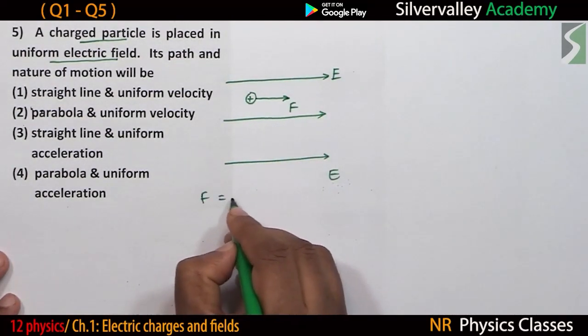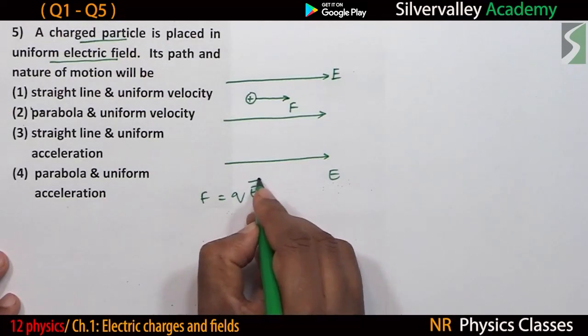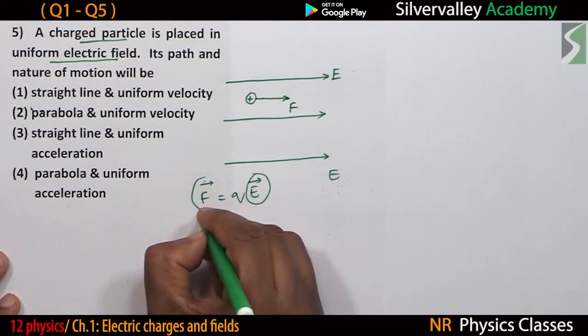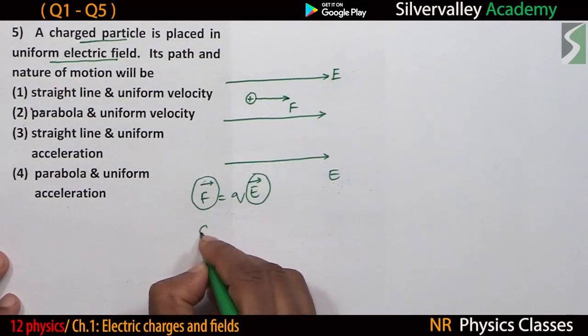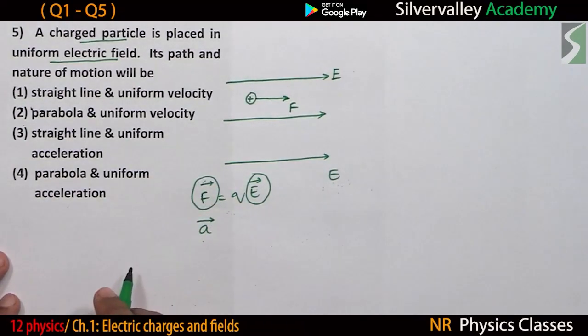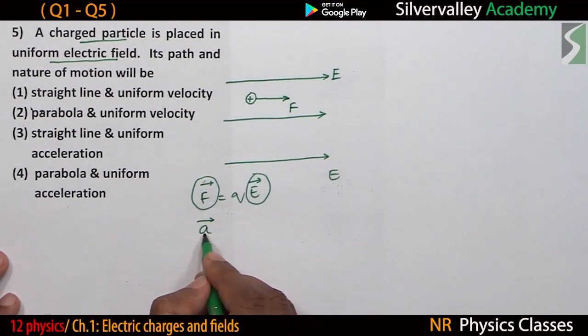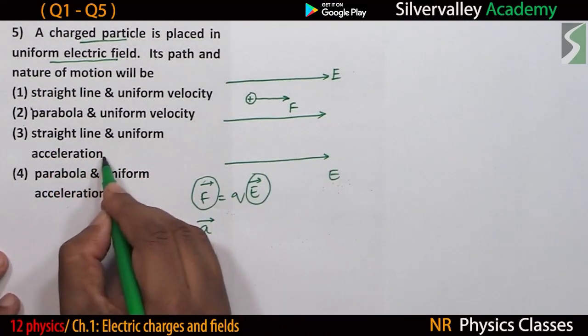Therefore, F equal to Q into E. The direction of electric field is the direction of force. If there is force, then there should be acceleration. This is straight line and acceleration. So straight line with uniform acceleration.